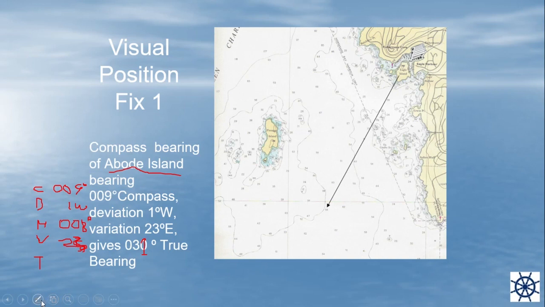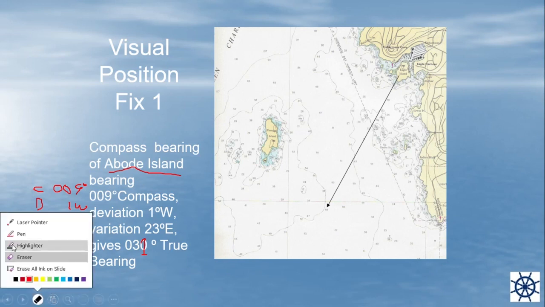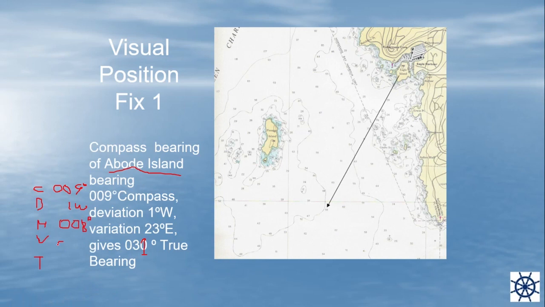Our variation is 23 degrees, and it gives us 23 plus 8 is 031. So 31 degrees, that is 031 degrees true. Now it's true because we already applied the corrections.